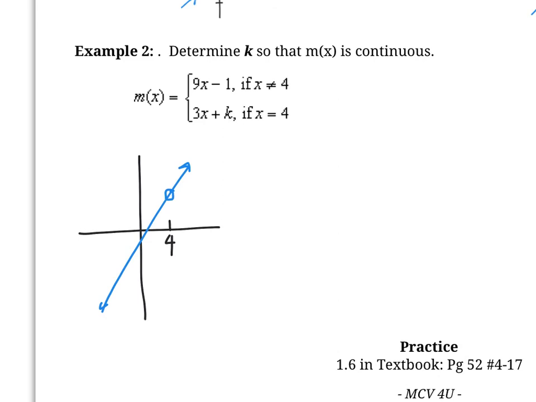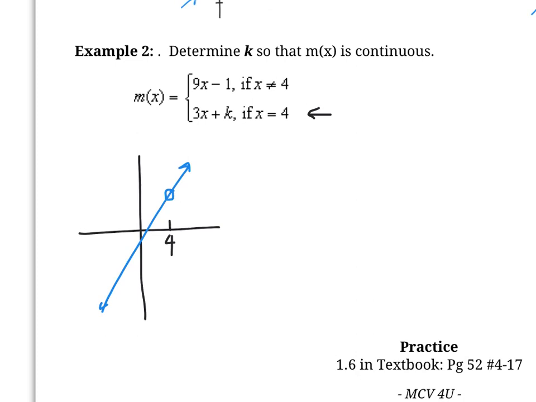So we want to basically determine how to make this function continuous. Essentially, we want to fill in that hole. So we have this second part of the function in order to do that. How are we going to do that? Well, let's first try to find out where that hole is. The hole is going to exist at that function 9x minus 1 wherever that function would exist.